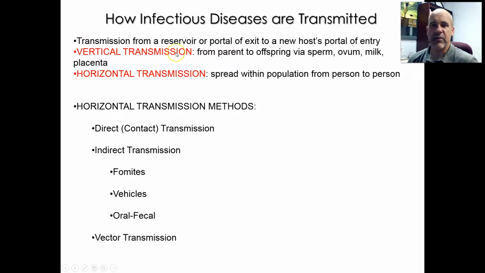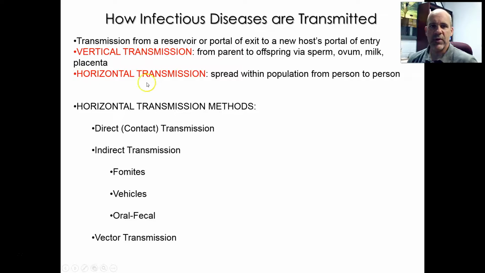Vertical transmission is from parent to offspring. So that can occur through the sperm, through an ovum, an egg cell, but more frequently it's in breast milk or across the placenta, like we've talked about before. So a mother to nursing infant, or in the womb, a microbe might cross the placenta into a developing embryo or fetus. So that's vertical.